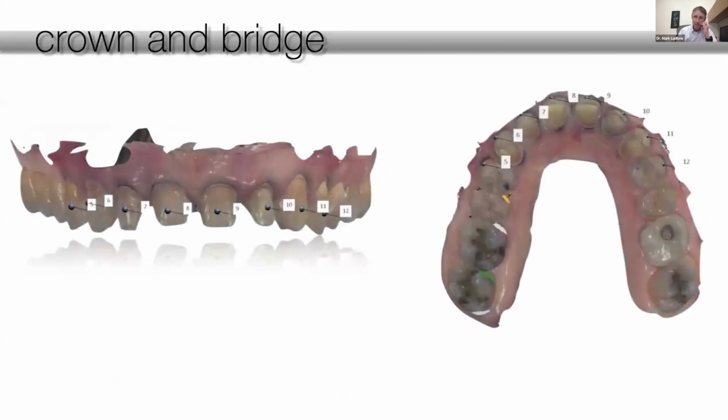Conventional crown and bridge is exactly the same. The only difference is that instead of scanning just the teeth, you're scanning the teeth prepped. The same principles apply to this that apply to every crown and bridge work. We have to have nice preps, nice retraction, and nice heme control.